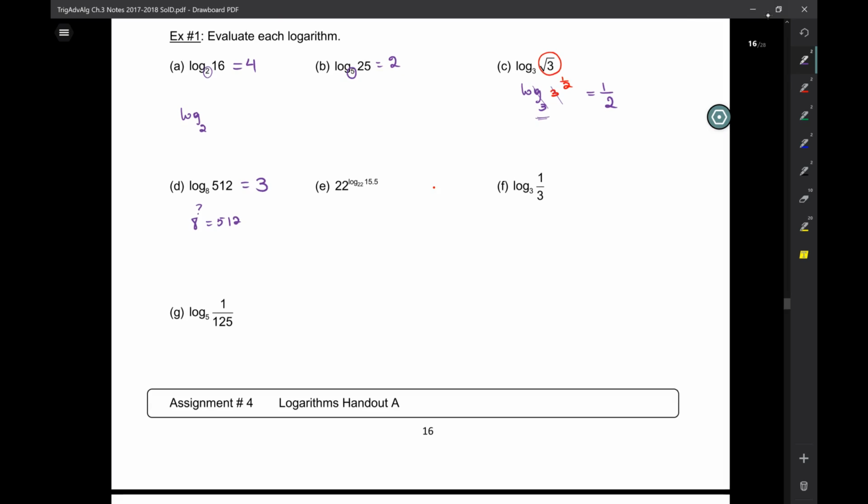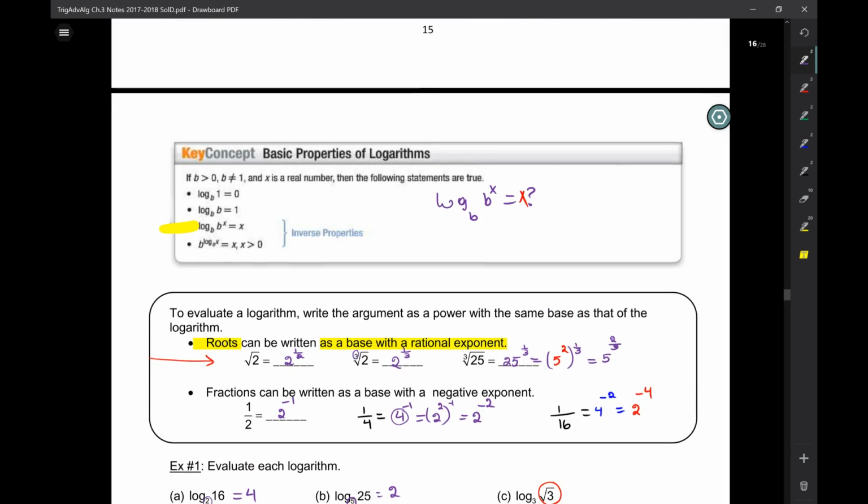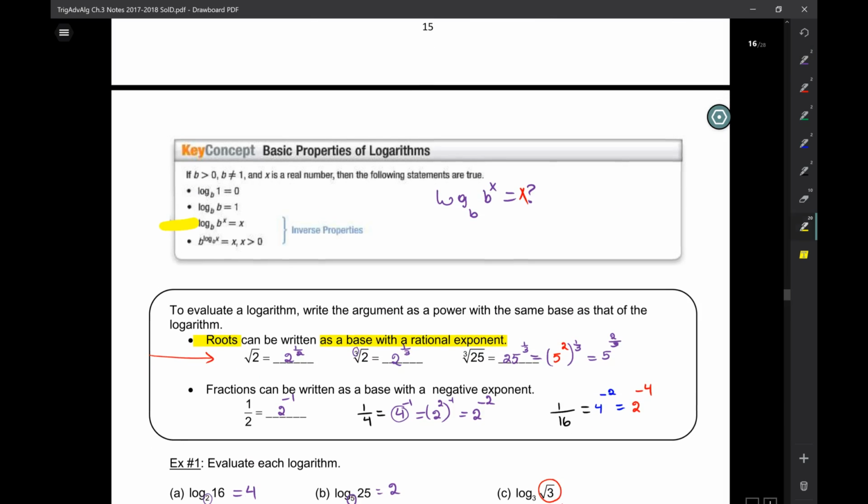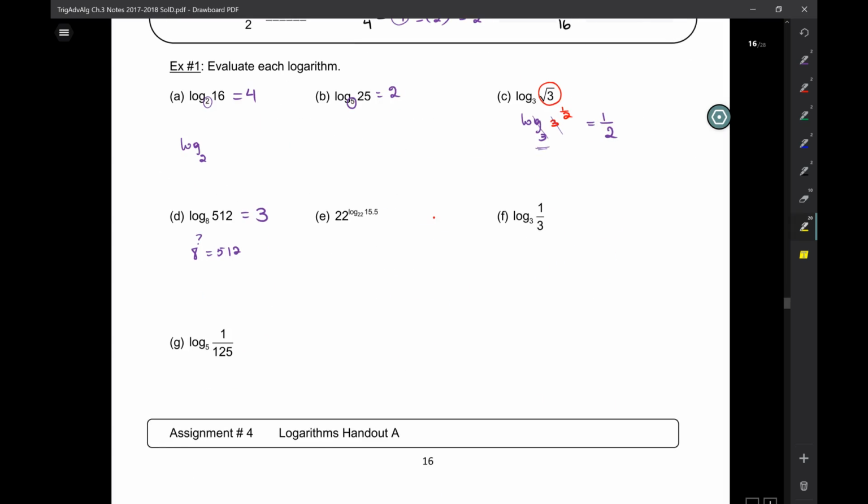Now, all right, this one is one of our properties. B to the power of log base b of x is just x. So if I have 22 to the power of log base 22 of 15.5, those all go away and I'm left with 15.5.